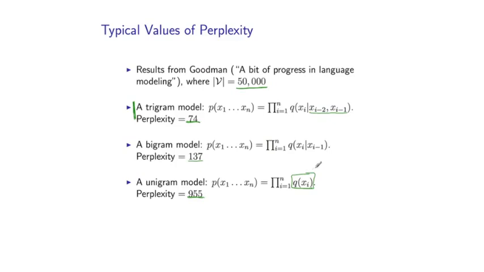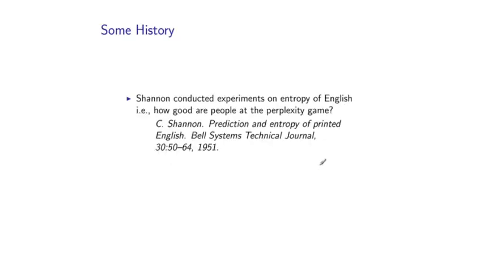I just want to finish this segment with a little bit about some history behind the idea of language models. And a critical reference is due to Shannon. This is really one of the earliest pieces of work on this problem. This is from 1951.